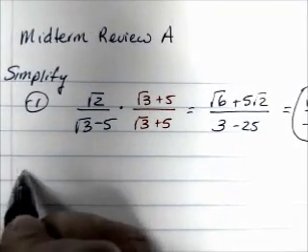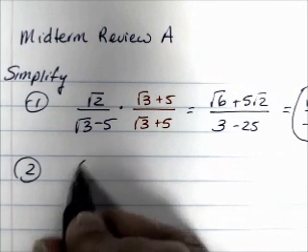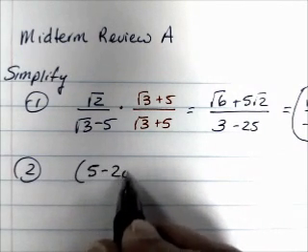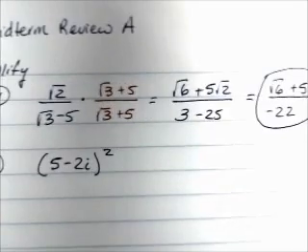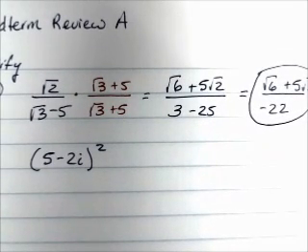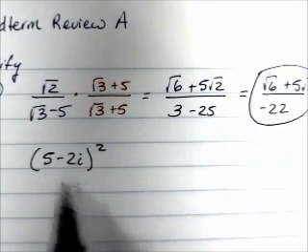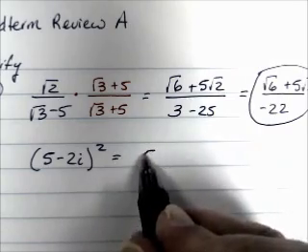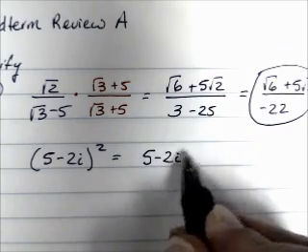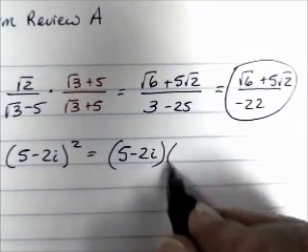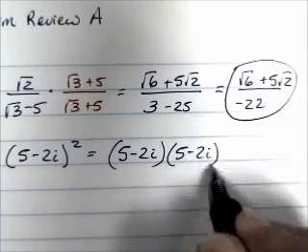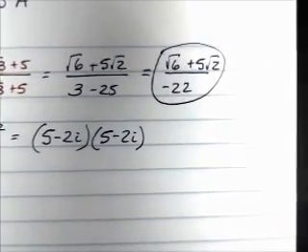Next, let's simplify 5 minus 2i squared. No, don't distribute. Rather, this is the binomial 5 minus 2i times 5 minus 2i. And now FOIL.